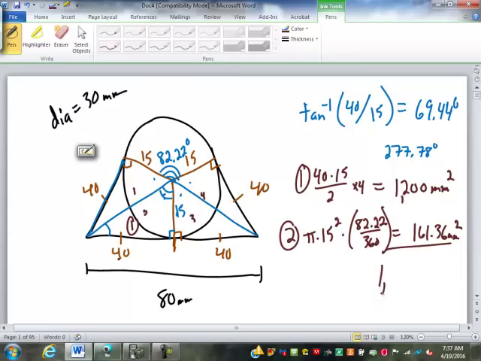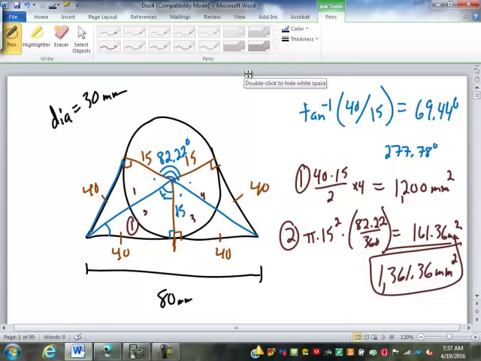Which is going to give us a total of 1,361.36 millimeters squared. Anybody get that? Are really close to it? 1351.4464. Close enough. You used the pi key. Yep. That's good enough.